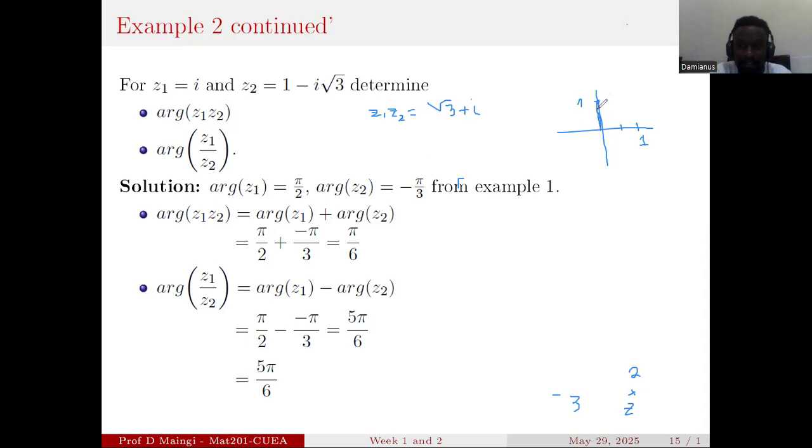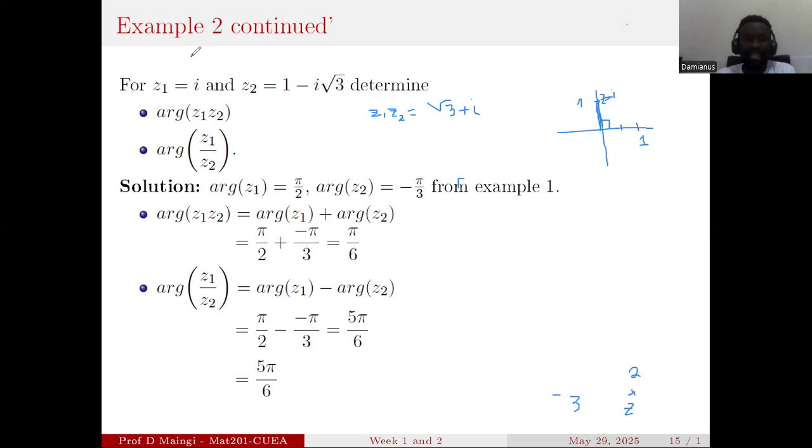This is our Z, Z equals I. So what's that angle? The angle it makes with the real axis is 90 degrees. You can see it, eh? So that's why it's pi over 2. 180 is pi, so 90 degrees is half of pi. The argument of that is pi over 2.